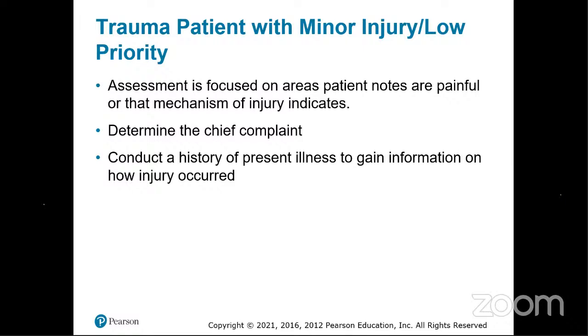Determine the chief complaint, and then conduct a history of present illness to gain information on how the injury occurred. That's the same thing we've talked about, the factors, the speed, the age, the height of the fall, caliber of weapon, all of those things play a part into it. And also with that, pre-existing conditions.